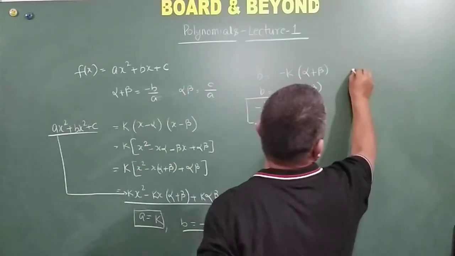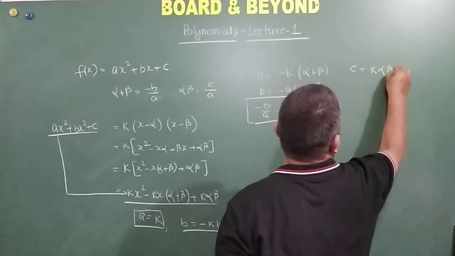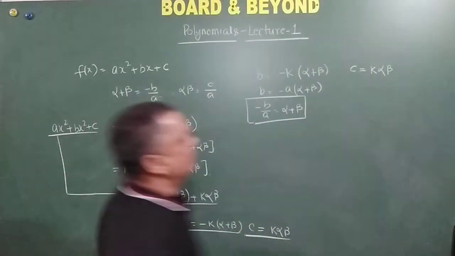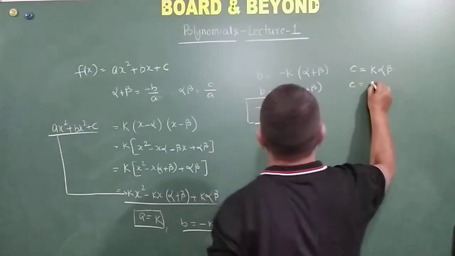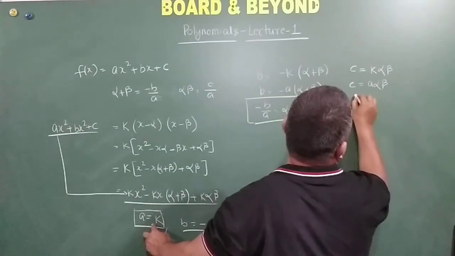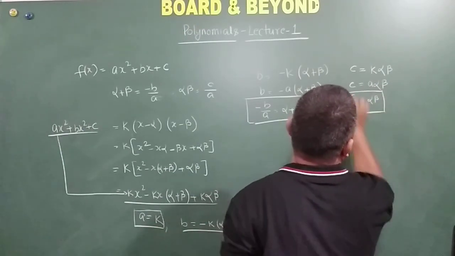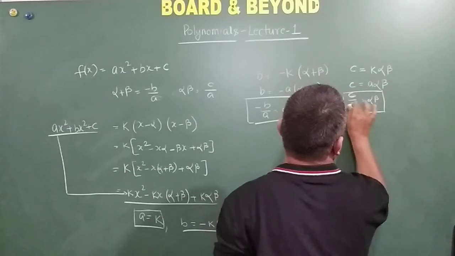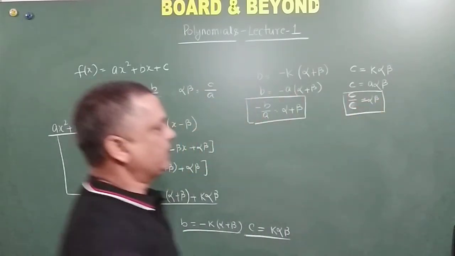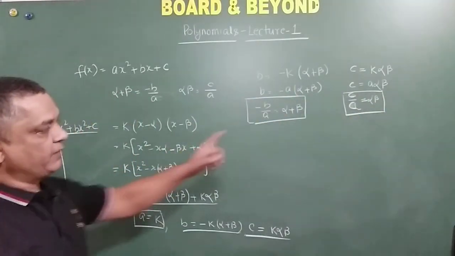Coming on to c is equal to k alpha beta, which also tells us that c is equal to a alpha beta. So c by a is equal to alpha into beta. Let me try to write a little bigger so that you are able to see alpha beta. So we have got this.